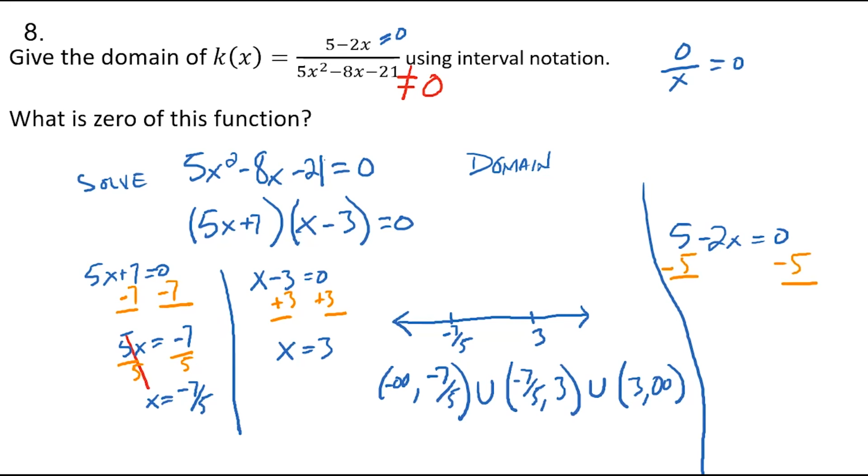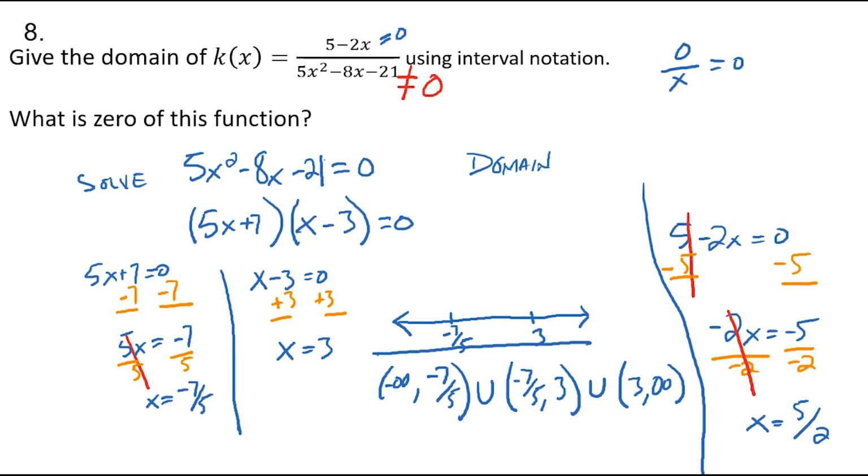This will cancel out, and the result is negative 2x is equal to negative 5. And then let's divide both sides by negative 2. These cancel out, and we end up with x is equal to, well, negative divided by negative will give us positive 5 over 2.